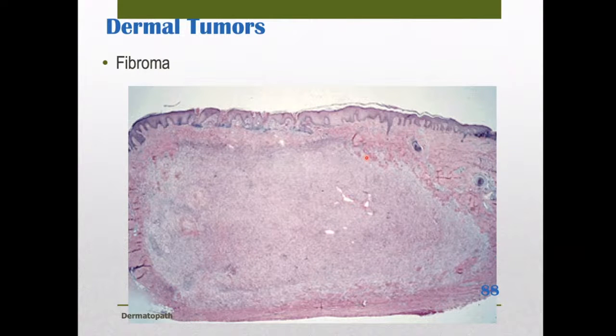So for the dermal tumors, we have a fibroma, meaning it is a benign tumor arising from fibroblasts. You can see here that it is well circumscribed. The epidermis is above. Muri dermatopathology, Grenz zone ni zone iri hagati ya tumor na epidermis.